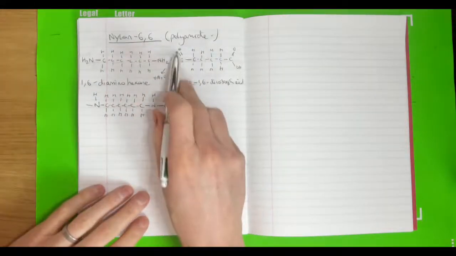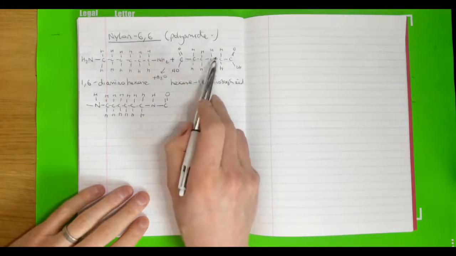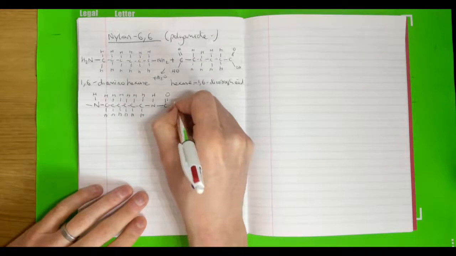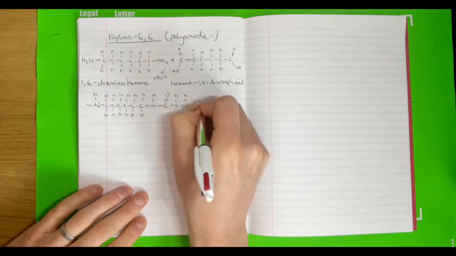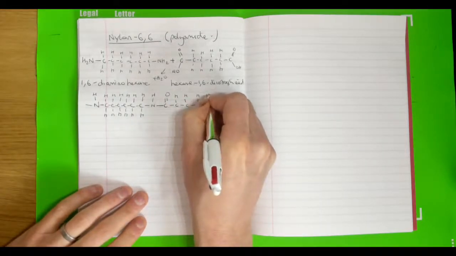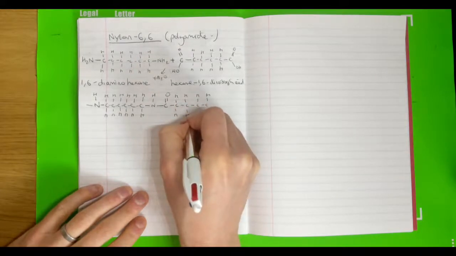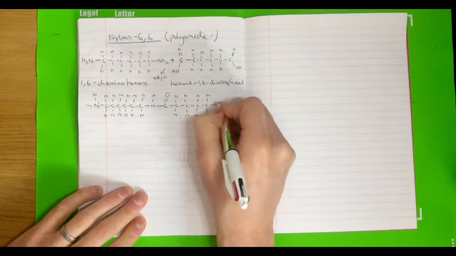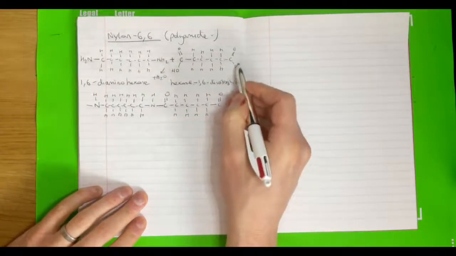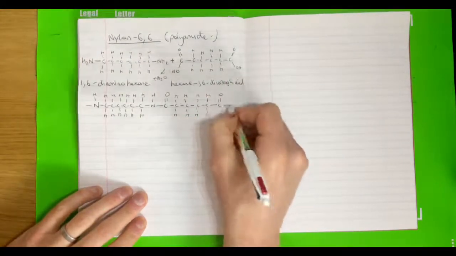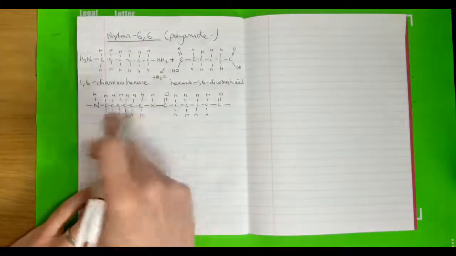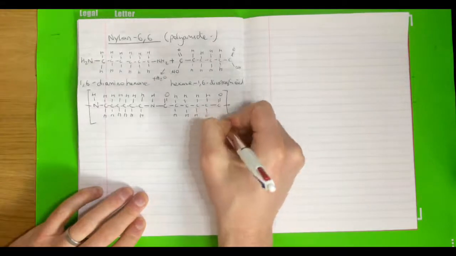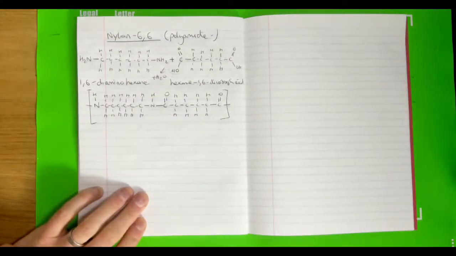Then after this C double bond O, you've got 1, 2, 3, 4 CH2s, and then a carbonyl again. Remember, I've used that OH to make a molecule of water, so I'll just draw a line there like that. So it's quite a big repeating unit, isn't it? That is a repeating unit of this particular polyamide.